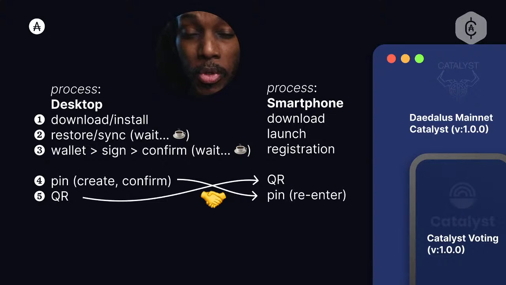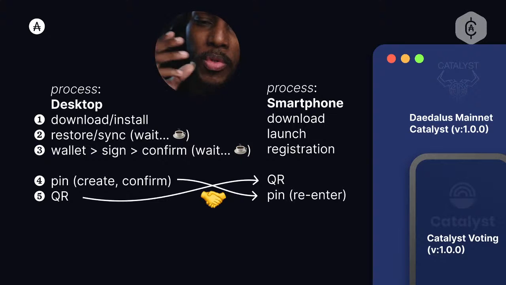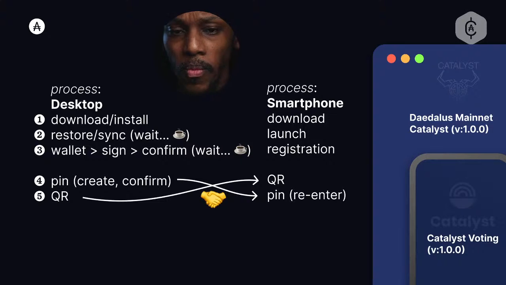And then at this point, the camera will be invoked, and the idea is that you're supposed to scan the QR code which Daedalus gave you, and then after that you enter the pin which you created in Daedalus, and that's pretty much it.